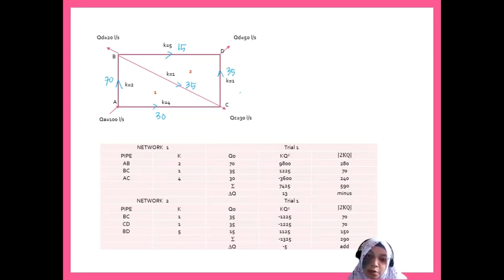Because we have an assumption about the direction in network 1, network 1 has delta Q 13.